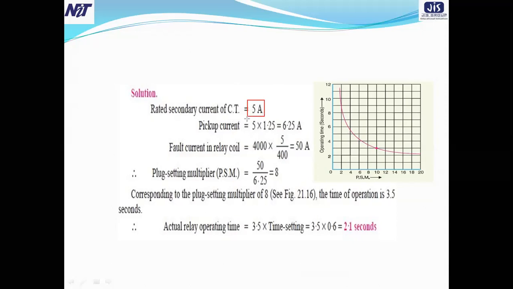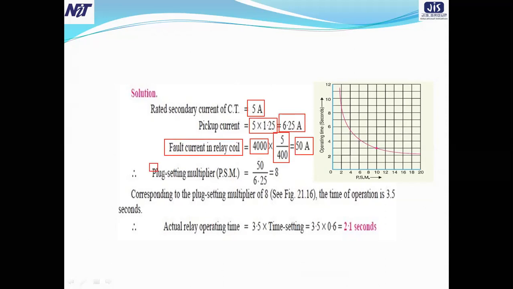The pickup current is 125%, that means 5 into 1.25, so the value will be 6.25. Now the fault current in the relay coil will be equal to 4000, that is the fault current, into 5 divided by 400. So the fault current value will be 50 ampere.